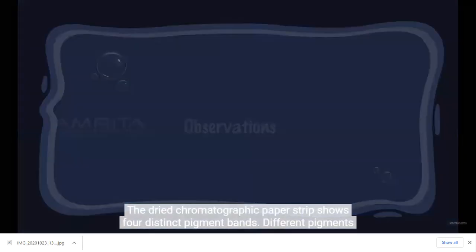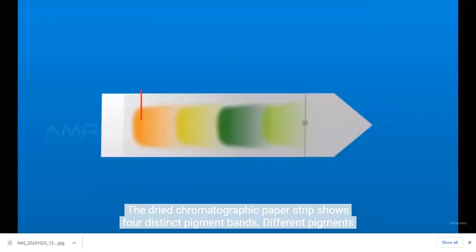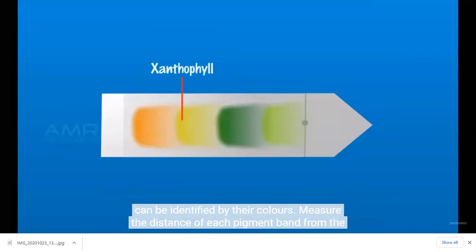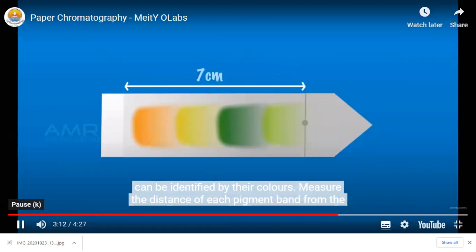Observations: the dried chromatographic paper strip shows 4 distinct pigment bands. Different pigments can be identified by their colors. When the pigments dissolve in the solvent and rise up along with it, they separate on the basis of their solubility.